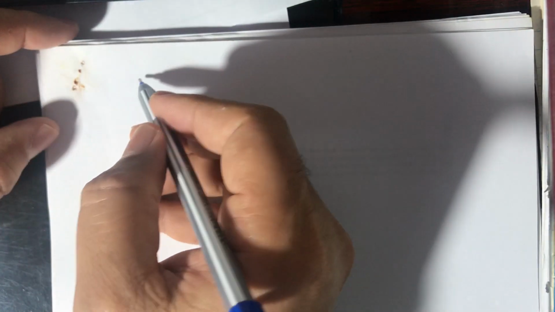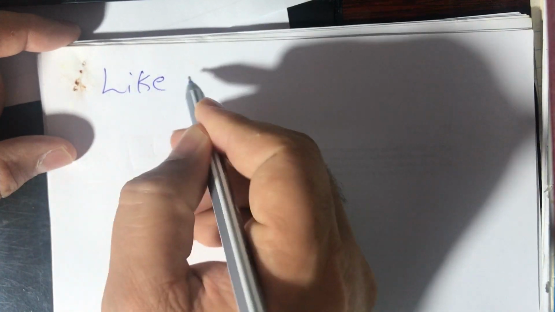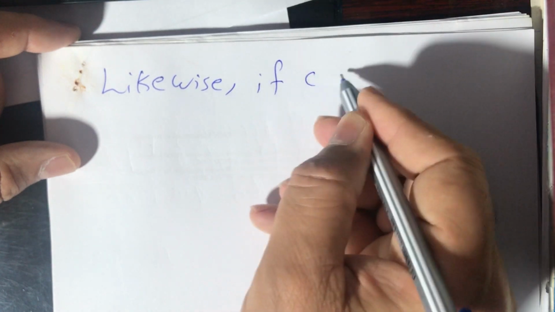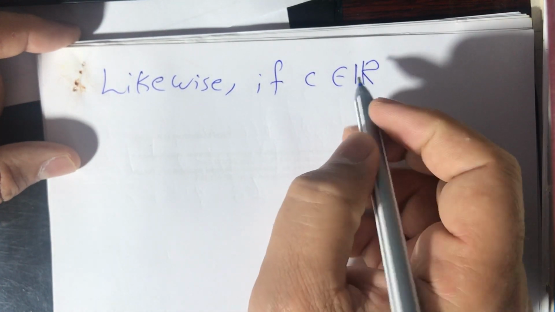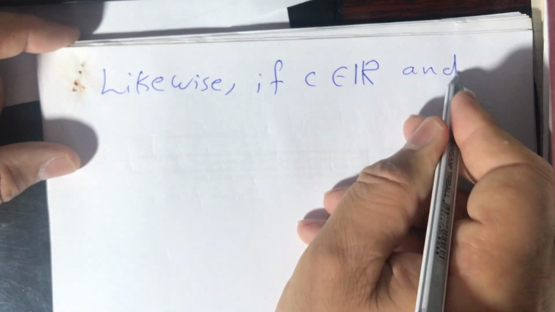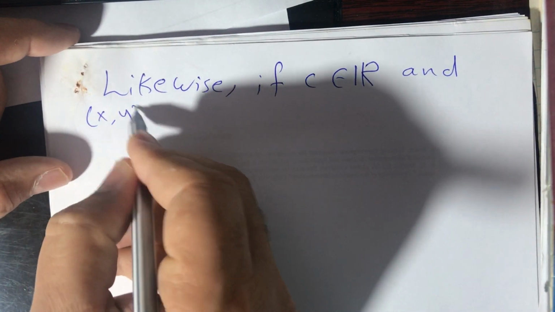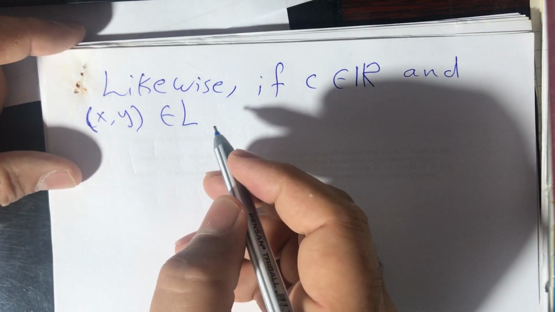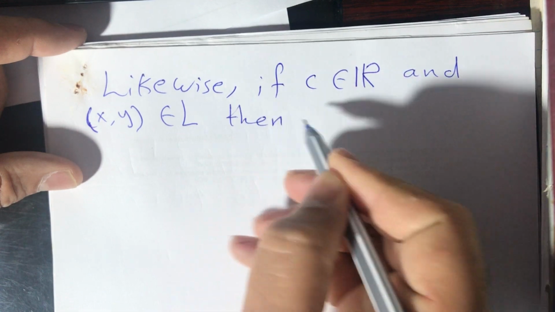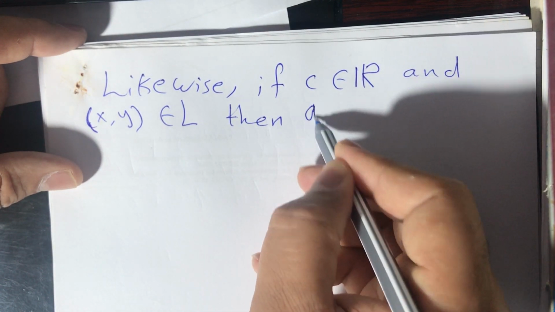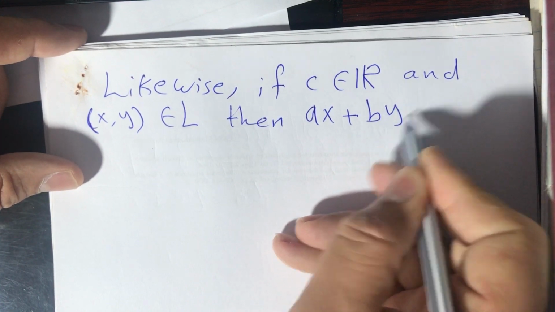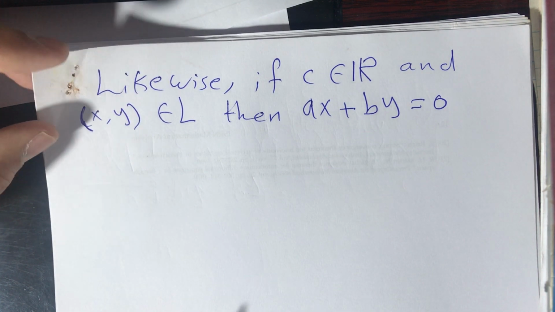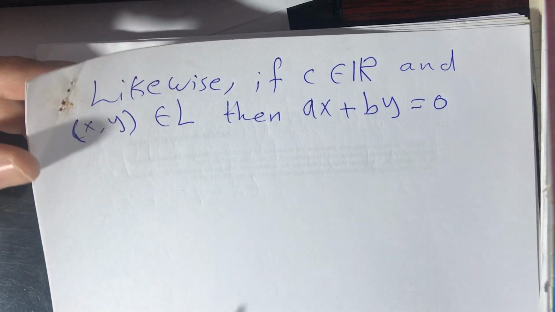And now likewise, if C belongs to R and (x, y) belongs to L, that means AX plus BY is equal to 0.